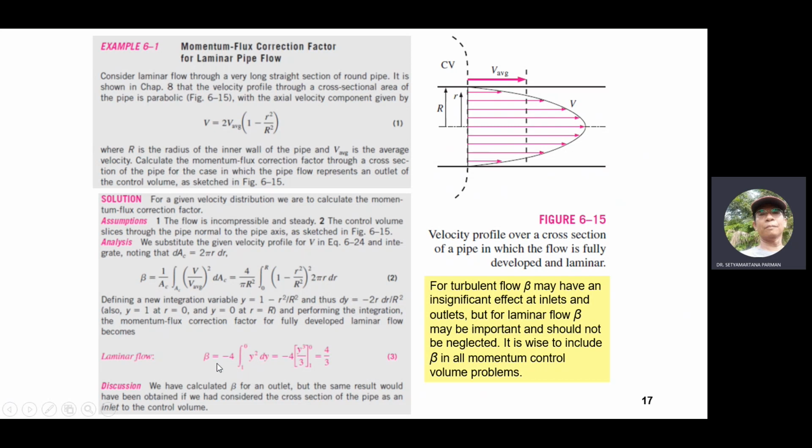The integration of this expression becomes minus 4 times y to the power 3 divided by 3, and then the boundary of the integral is from 1 to 0. So the result becomes 4 over 3. That is the example of the calculation of the momentum flux correction factor for laminar pipe flow in this figure.